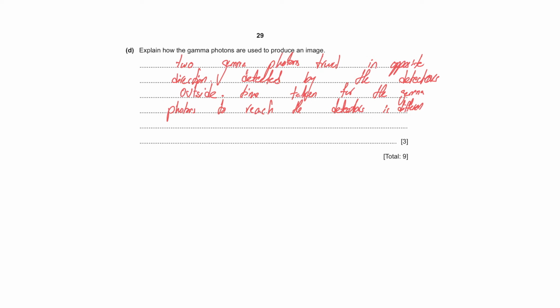The 2 gamma photons will arrive at the detector ring at different times, and that difference in time can be used to locate the point where the annihilation took place.